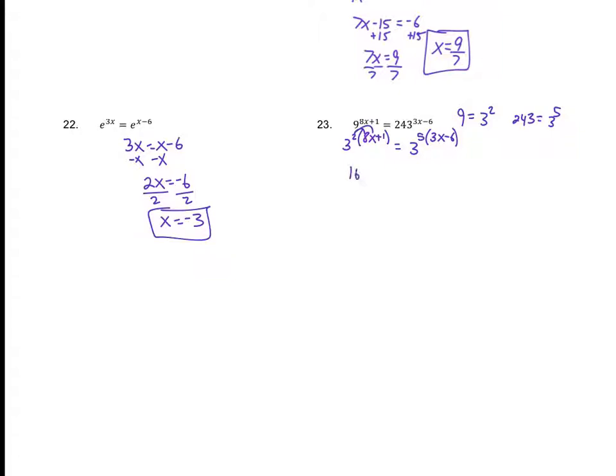Distribute, so we get 16x plus 2 equals 15x minus 30. Subtract 15x, we get x plus 2 equals negative 30. Subtract 2, and x equals negative 32.